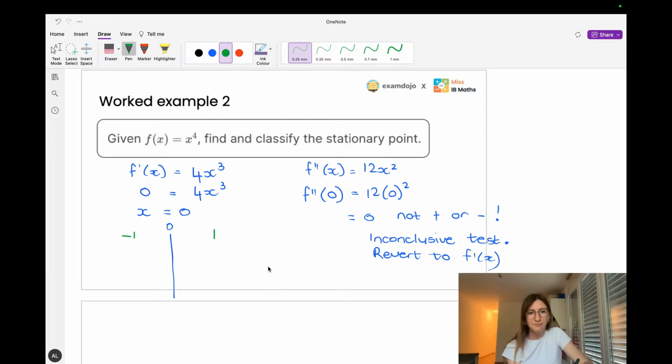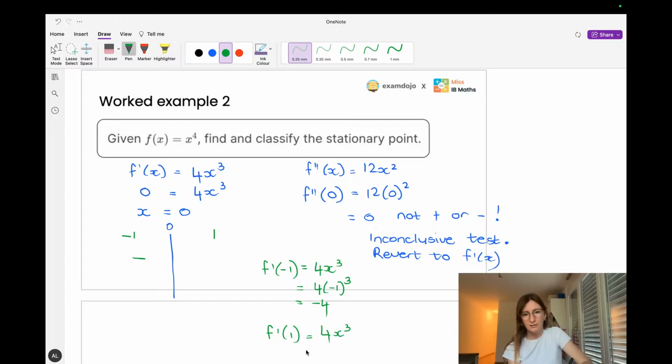Let's do f dash of -1 for 4x cubed. So that is minus 1 to the power of 3, which is minus 1. So that gives us minus 4. All right, that's negative. Then at 1, f dash of 1, we get 4.